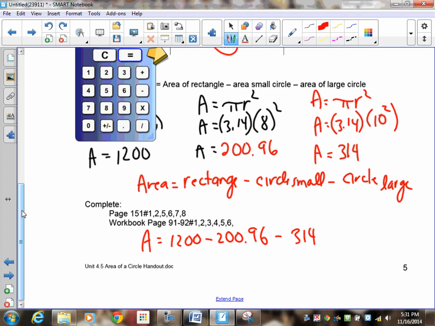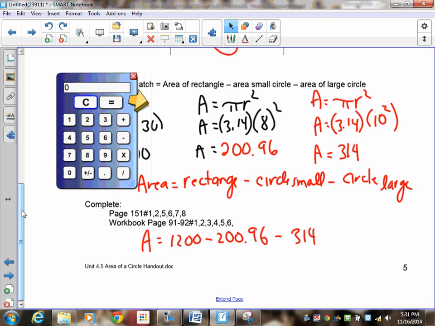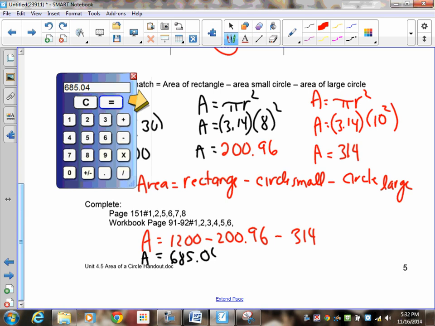So when you put that into your calculator, you have 1200, take away 200.96, and then take away 314. So that means my final answer is equal to 685.04. Now just a quick check to make sure our units are correct. We're working in centimeters. Yep. So our answer is going to be centimeters squared.